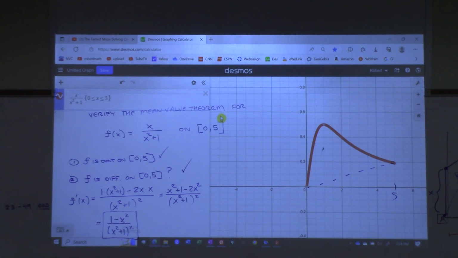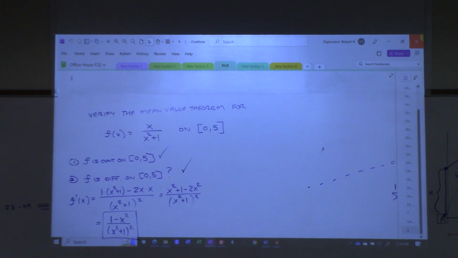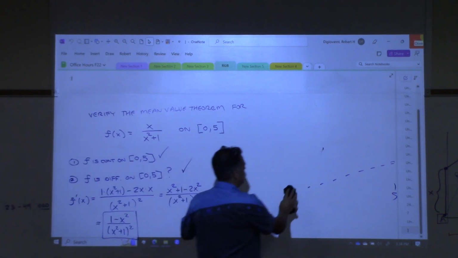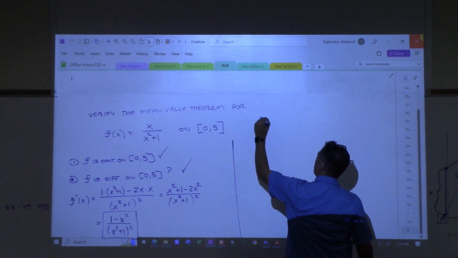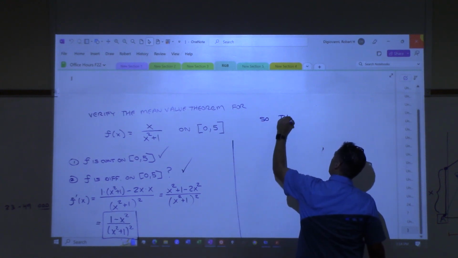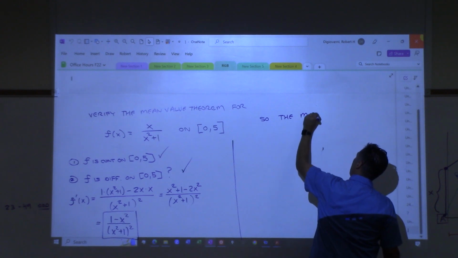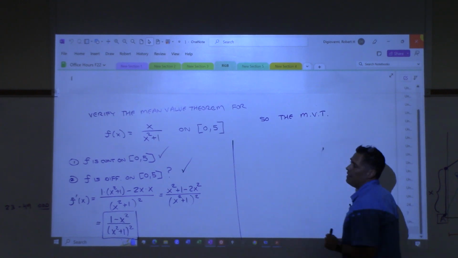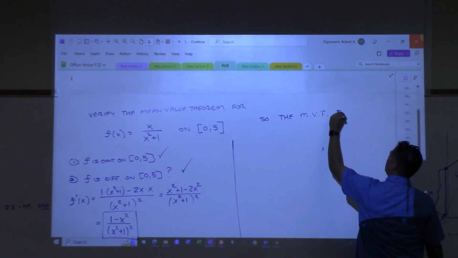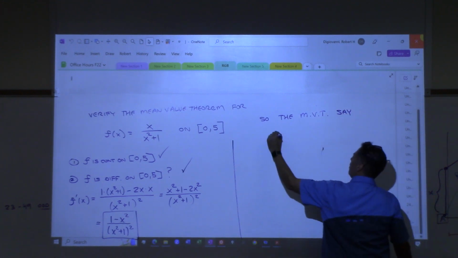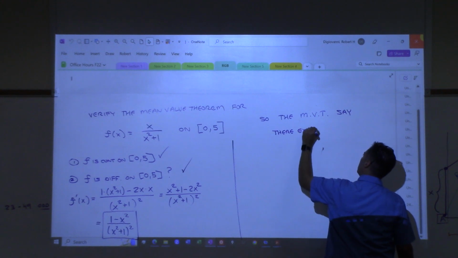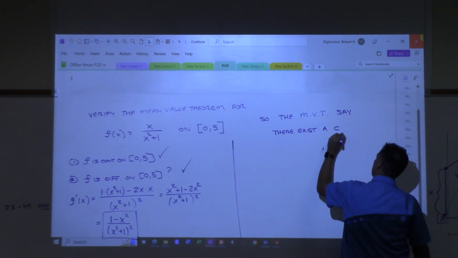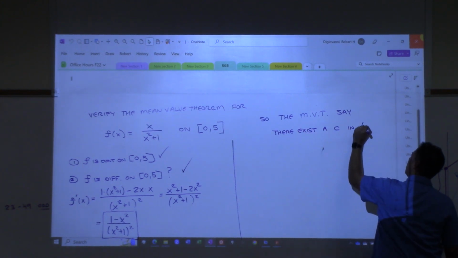I'm going to have to get rid of that graph. Sorry. The mean value theorem, which I will abbreviate as MVT from now on, says there exists a C in the interval 0, 5.